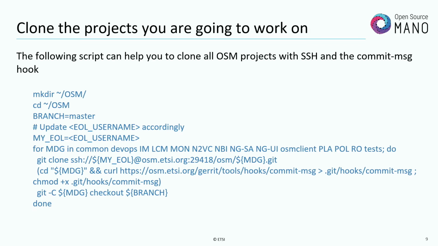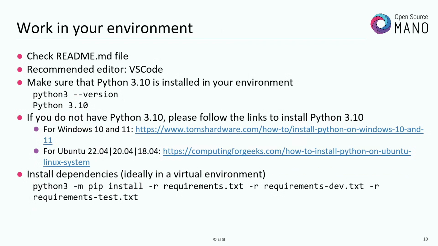It's the online account username or individual contributor username. If you run this small script, it will clone all the repositories in Gerrit to your local environment. Now you have the projects.